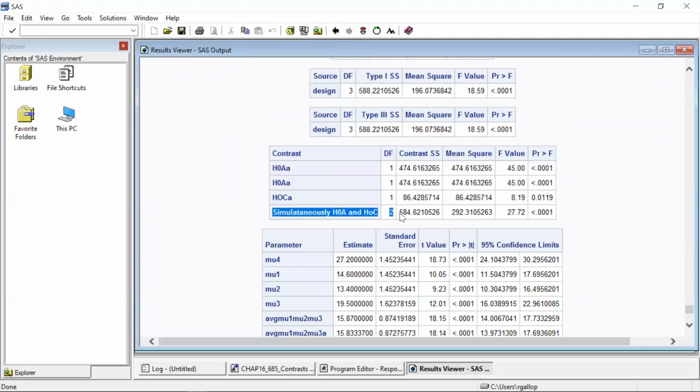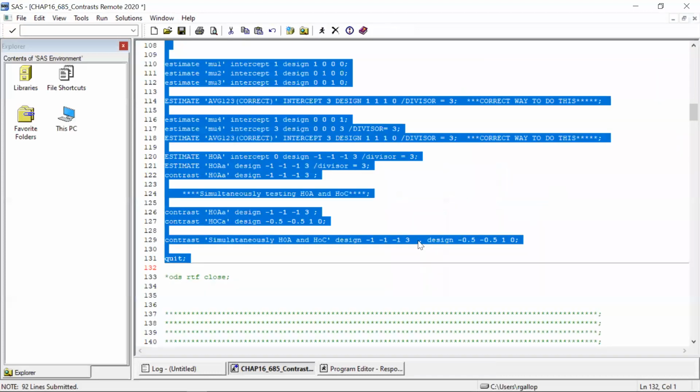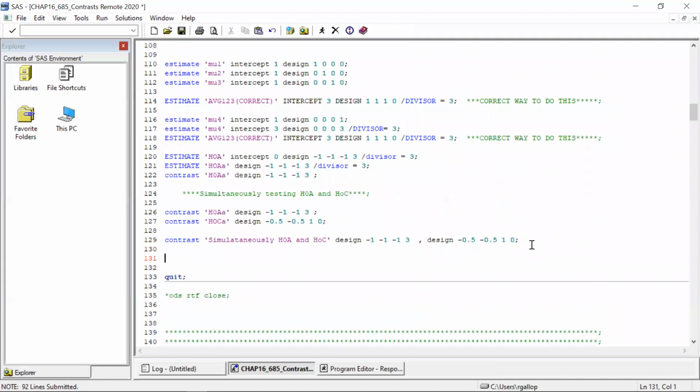And you can see right there, based on the available data, we have sufficient evidence to indicate a highly significant difference between the average of 1, 2, and 3 compared to 4, and the average of 1 and 2 compared to 3. Now remember, this is saying at least one of those contrasts has a significant separation. We know both of them do from what we did above, but in this case, at least one of them is significantly separating. And again, think of this as being a comparison to the ANOVA model.